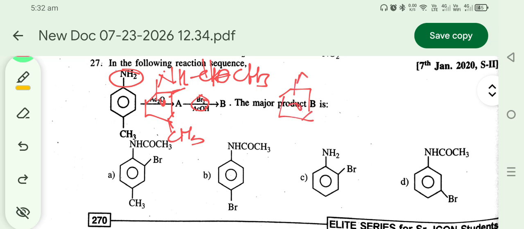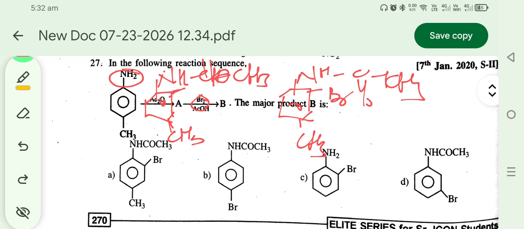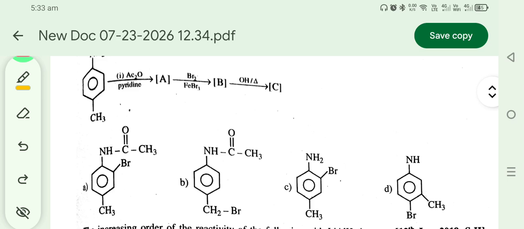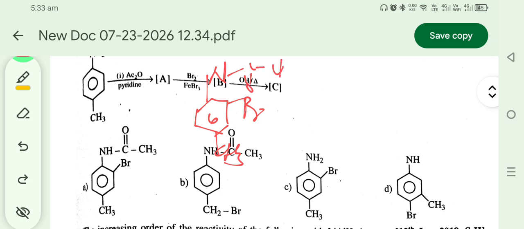Then the product is ortho-bromo para-methyl amide. Ortho bromo. Here the option B is para-methyl ortho-bromo phenyl amide.